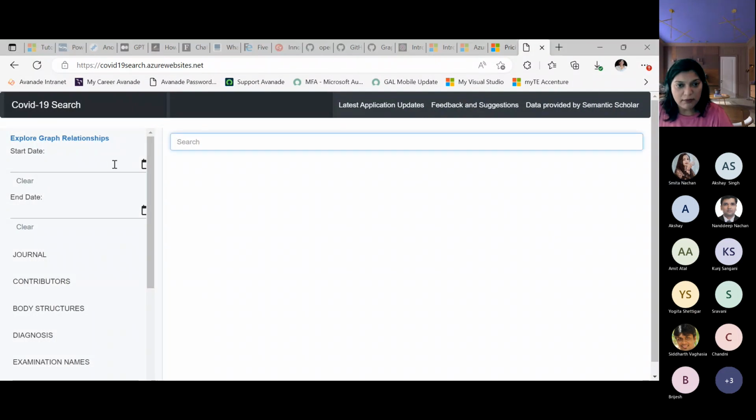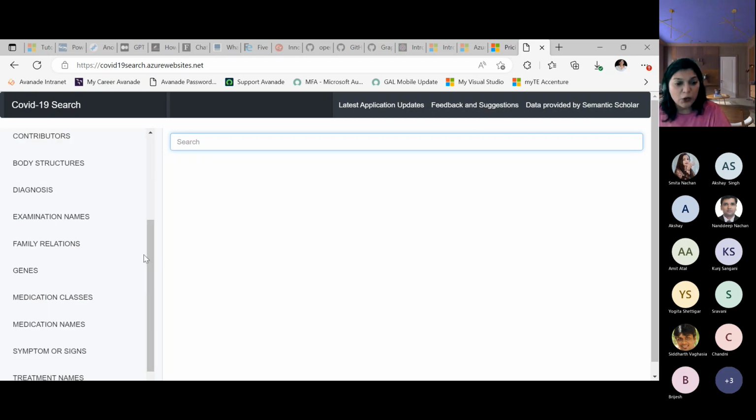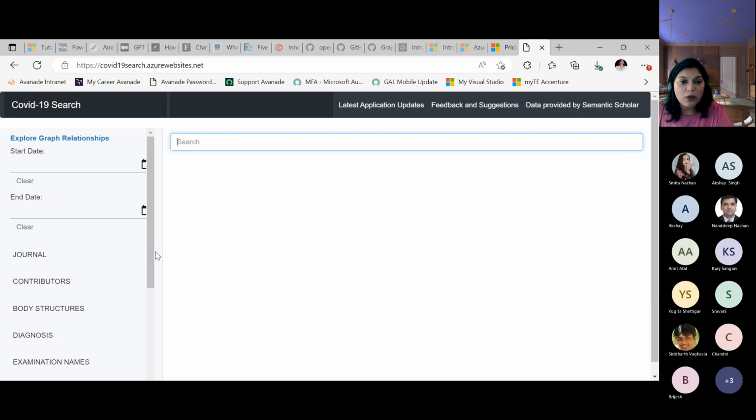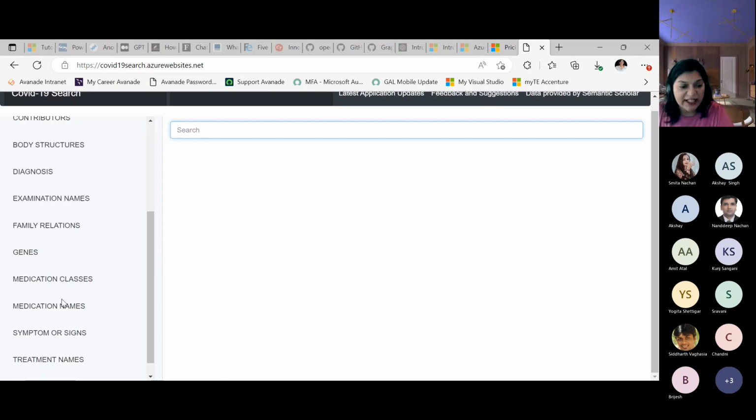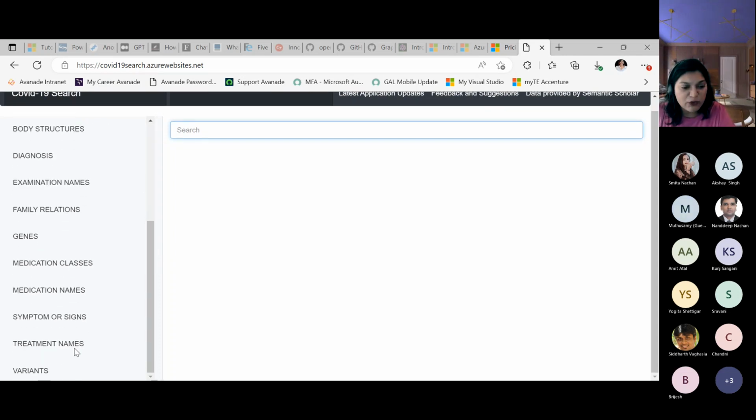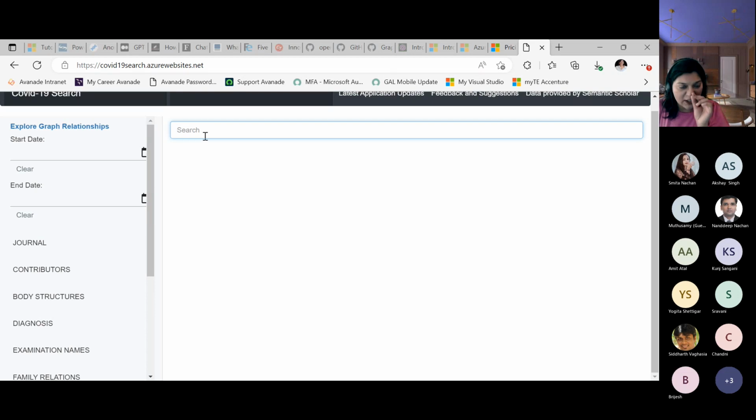All right. So this is a COVID search demo, and typically what it does is it brings together a data set where you have people writing about COVID medicines, about white papers where it talks about symptoms of COVID, or diagnosis or examination names, body structures which are affected by COVID, symptoms and signs, treatment names, variants, and so on and so forth, right?